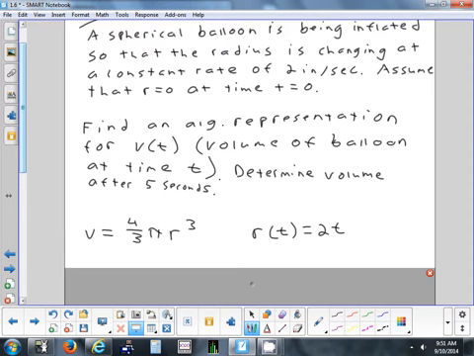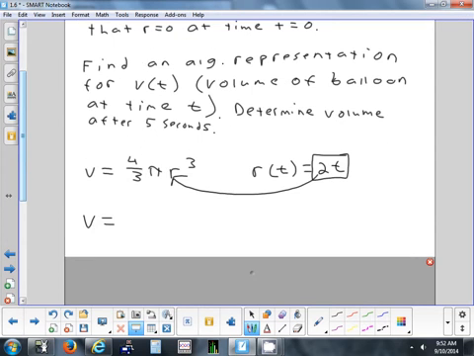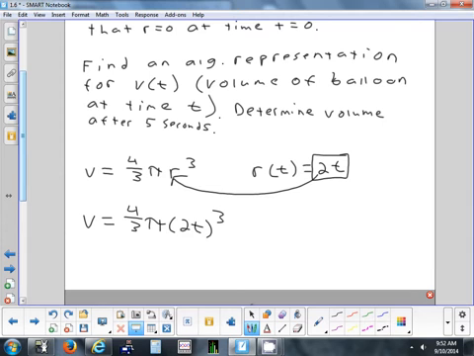Okay. Now that we have a formula that calculates the radius, we're just going to fill it into the volume formula. It's kind of like composition, plugging one function in for the variable in another. Okay, and you get V equals 4/3 pi times (2t) cubed. And you do that out, 2 cubed is 8. 8 times 4 is 32.